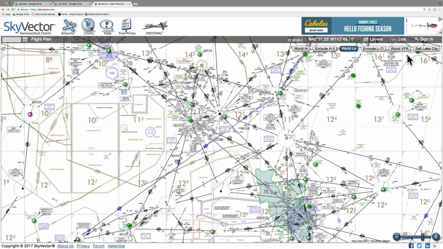So can somebody name what a precision approach would be? Just name it. ILS, VOR. So an ILS is a precision approach. VOR would be a non-precision approach, right?